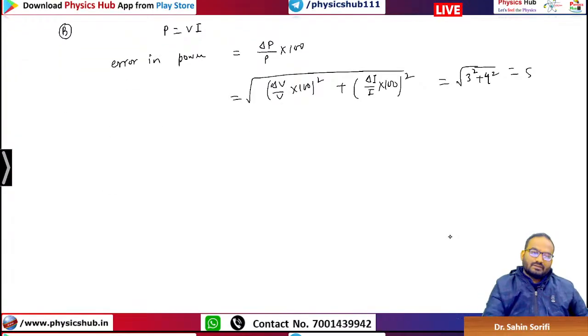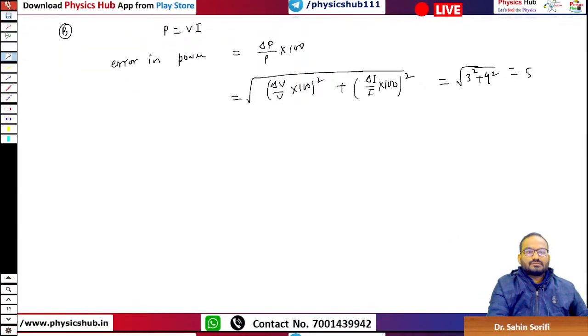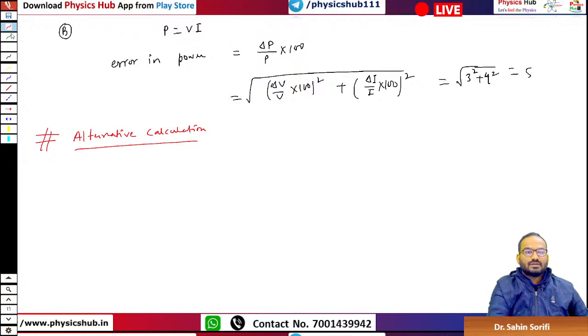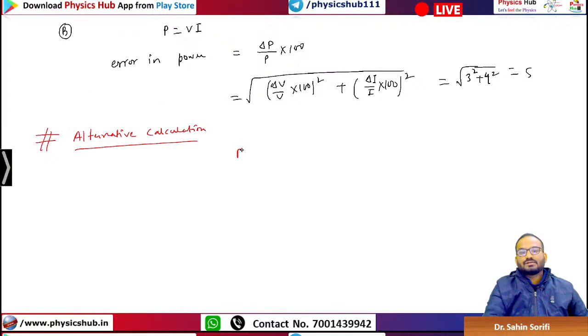Let us do one calculation, let us just check whether we are getting an alternative thought. Actually, alternative is not the word, it is the calculation. Let us take R equals V by I, so R square is V square by I square. Actually, that formula which we have derived is the same formula we are applying here.